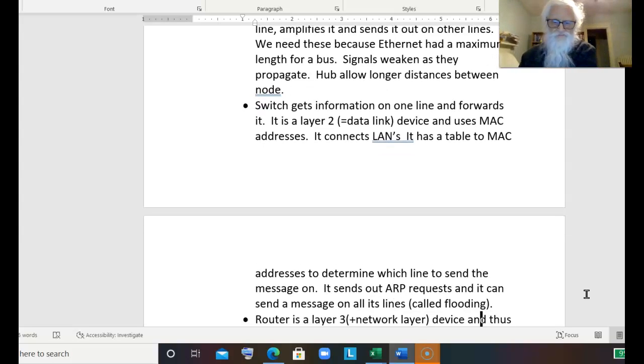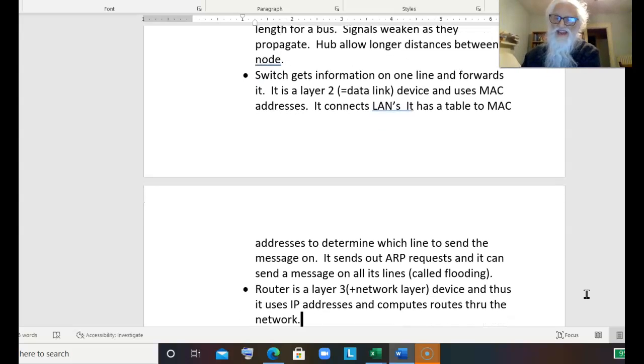A router is a layer 3 device. Its job is to figure out routes of the network, remember. It has a table that tells it where to send things.